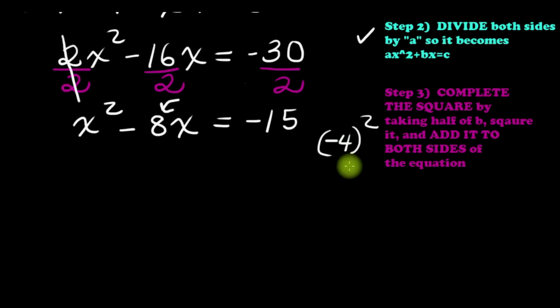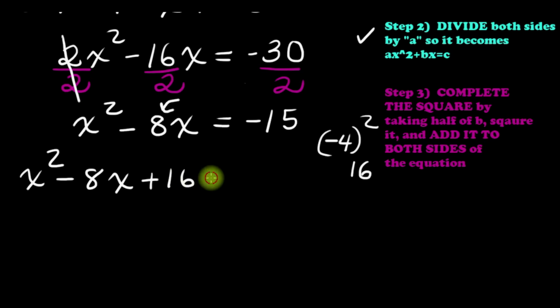So negative 4 squared is going to give you 16, because it's negative 4 times negative 4. So after you get the 16, you're going to add that to both sides of the equation. So x squared minus 8x plus 16 is negative 15 plus 16.